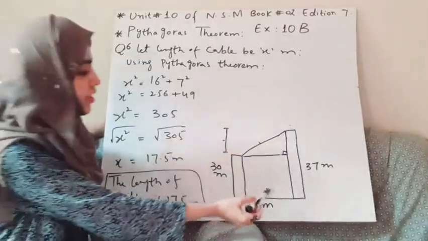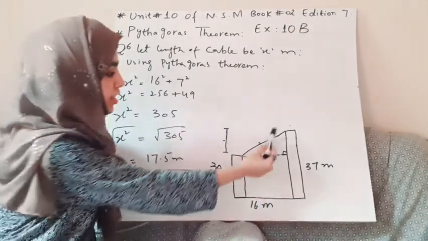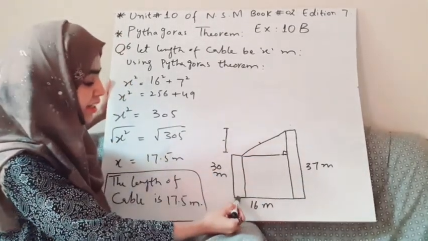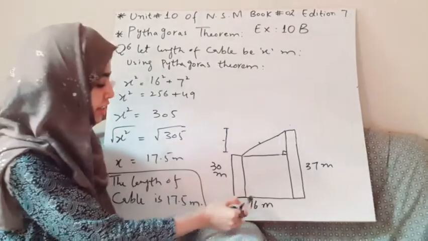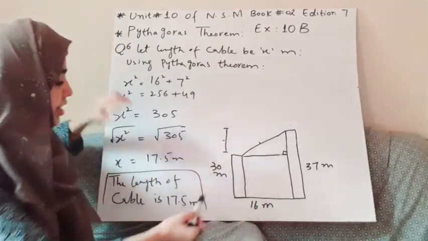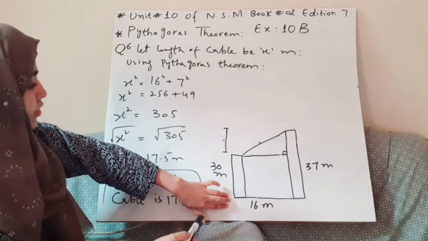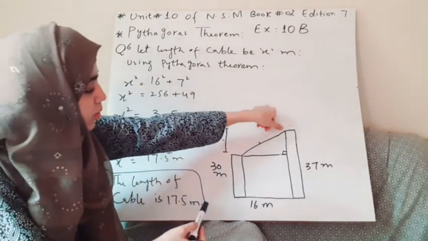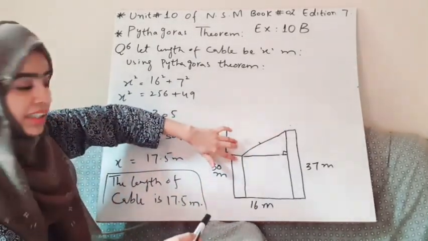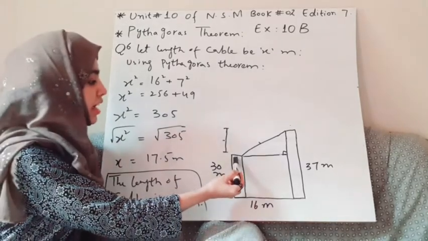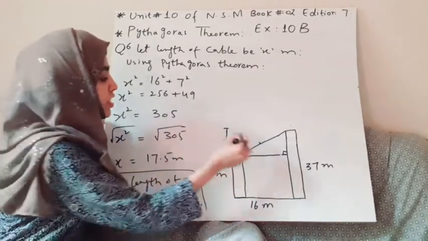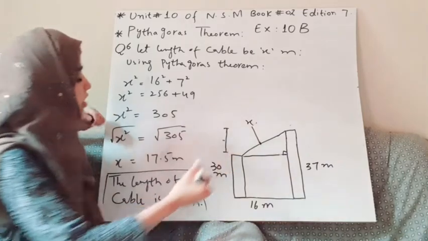We have drawn the figure. Two buildings are given to us, 37 meter and 30 meter, and the distance between them is 16 meter. The cable is attached from the top of the first building to the top of the second building, as given in the question, and we have to find the length of this cable.